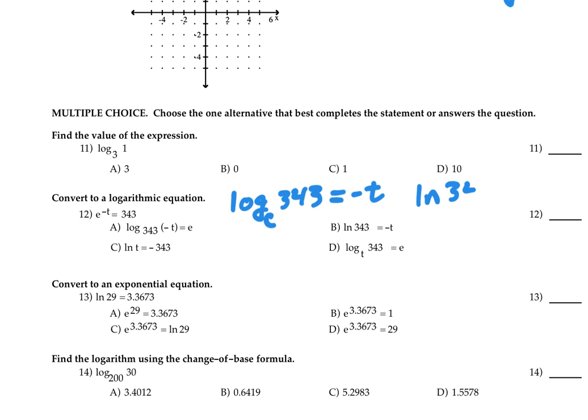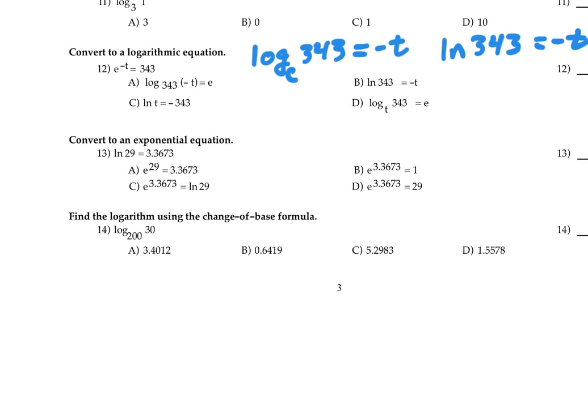That's my fault. So it should be B, yes. E to the negative t. That's my fault. I wrote the first one right, but not the second one. Okay.